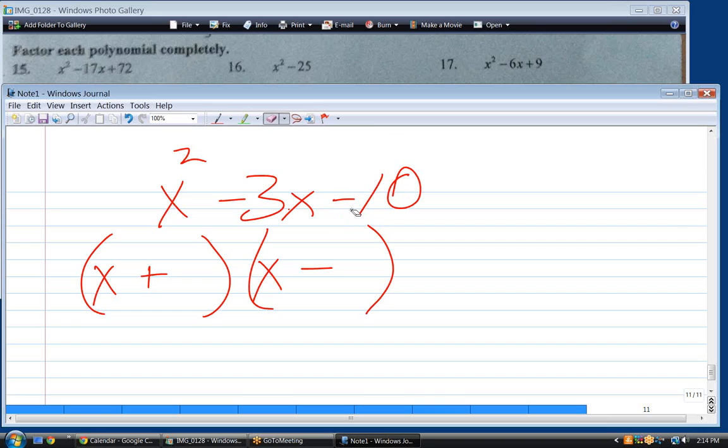It's the sign on the constant. That tells you what the numbers are going to be, and it also tells you that you want factors of 10 that subtract to the number 3. Well, that would be 5 and 2. Take the largest factor, 5, put it with the sign of the middle term, the negative.